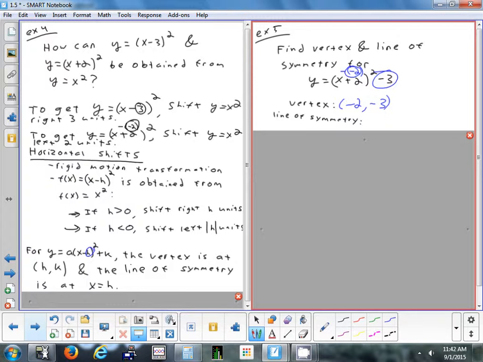Okay, and what about my line of symmetry? Dave, where's my line of symmetry going to be? -3. So can you write it out for me, just as an equation? x equals -3? Or no, y equals -3. No, I like x equals. That's good because it's a vertical line. So it's x equals.